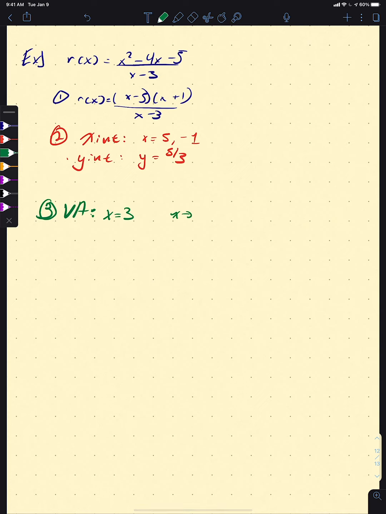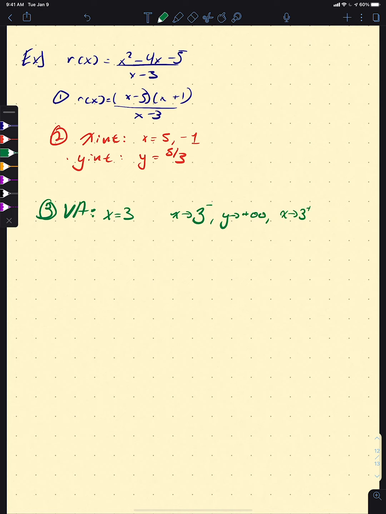As x goes to 3 from the right, what's going to happen? Well, we're going to have a positive here, a negative here, and a negative here. So that means that y is going to go to positive infinity.